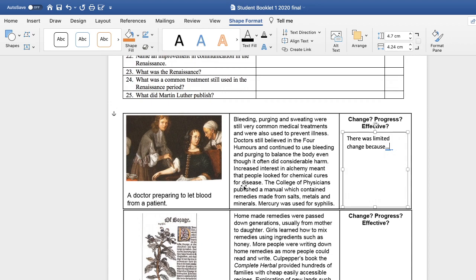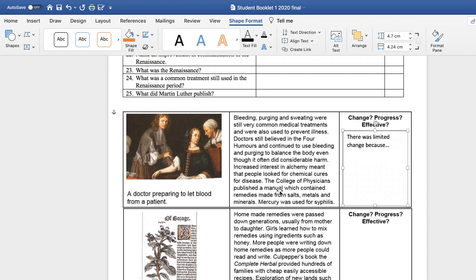But then when you read the bottom half of this box, it talks to you about an increased interest. So that means that's something that's new. The interest of it is new and it's becoming more popular and looking for chemical cures. It also tells you about publishing a manual, which contains remedies from salts, metals, and minerals.